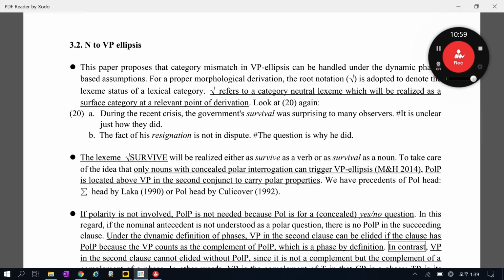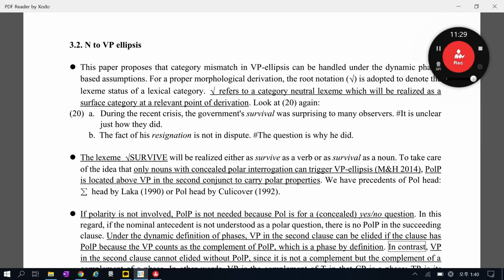Look at 20 again. The lexeme survive will be realized either as survive as a verb or survival as a noun. To take care of the idea that only nouns with a concealed polar interrogation can trigger VP ellipsis, PolP is located above VP in the second conjunct to carry the polar properties.